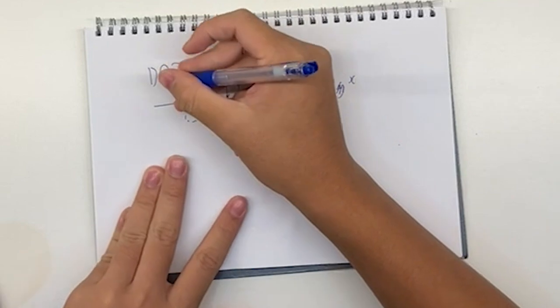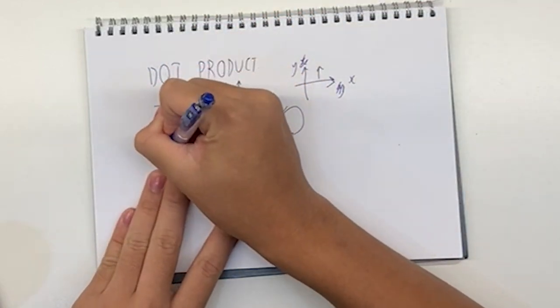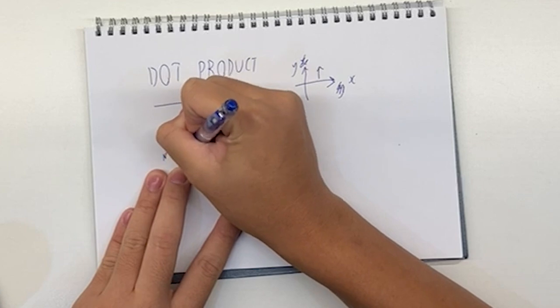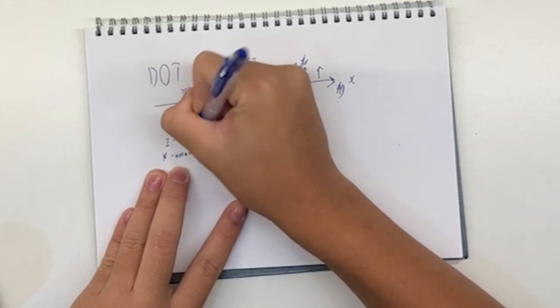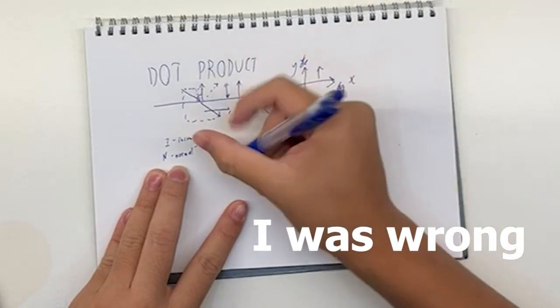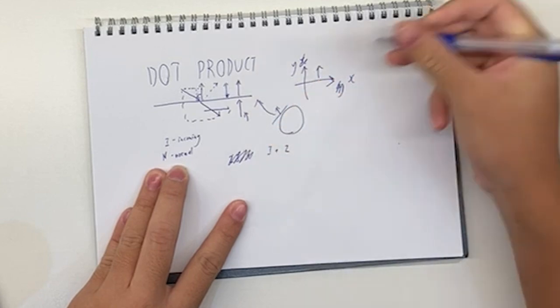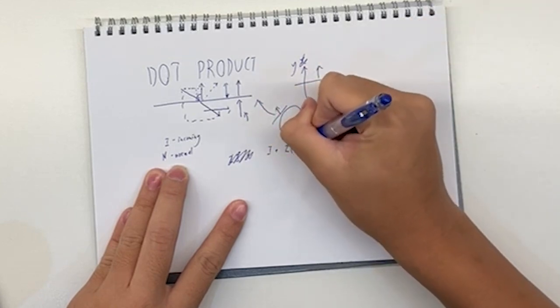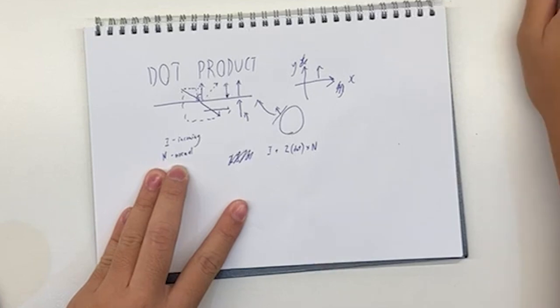So basically, you have your incoming vector, which I'll name I, and your normal vector, which I'll name N. And the formula for this is, if I'm not wrong, I plus 2 times the dot product of I and N times the normal, if I'm not wrong.